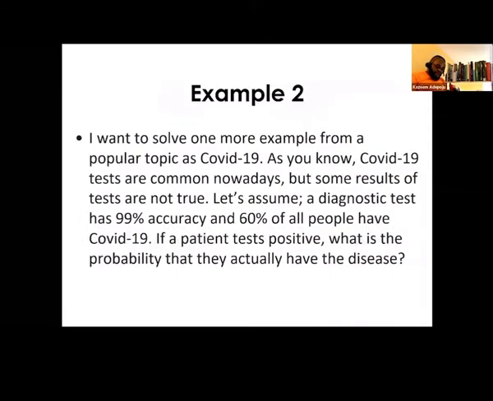The diagnosis test has 99% accuracy. 99% accuracy means 99 out of 100 times it's going to correctly identify the patient. If they have the disease, 99% of the time it will correctly identify them. If they do not have the disease, 99% of the time it's going to identify them.